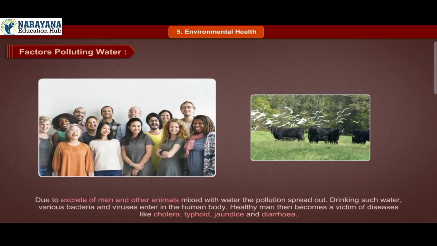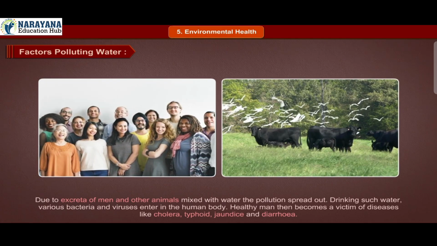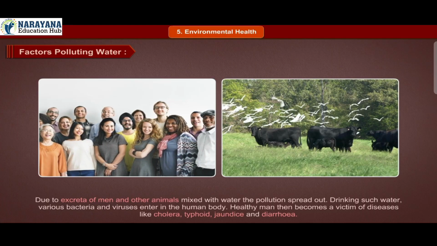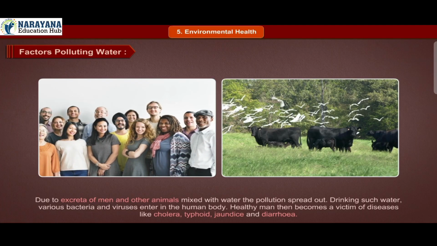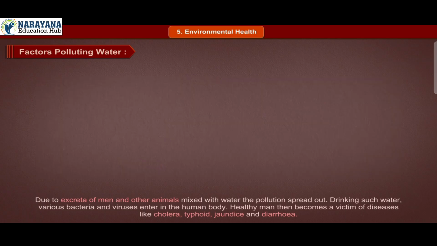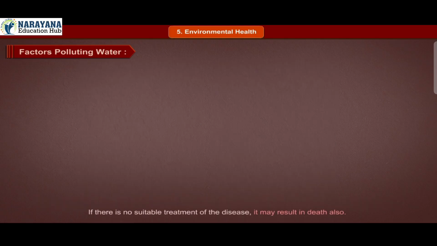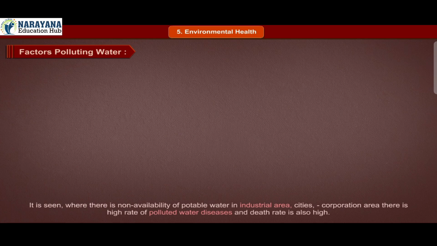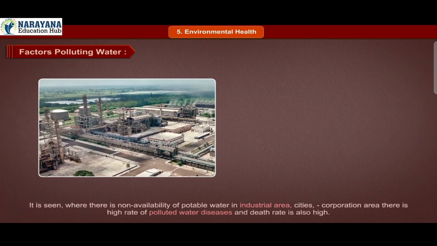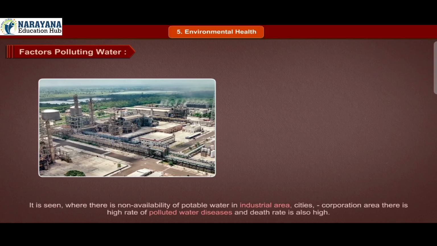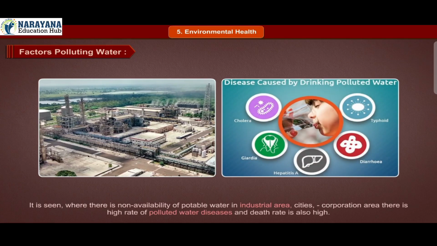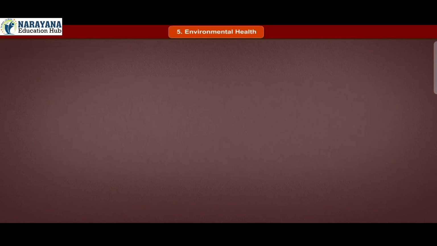Due to the excreta of man and other animals mixed with water, the pollution spreads. Drinking such water, various bacteria and viruses enter the human body. A healthy man then becomes a victim of diseases like cholera, typhoid, jaundice and diarrhea. If there is no suitable treatment of the disease, it may result in death also. It is seen that where potable water is not available in industrial areas, cities, and corporation areas, there is a high rate of polluted water diseases and the death rate is also high.